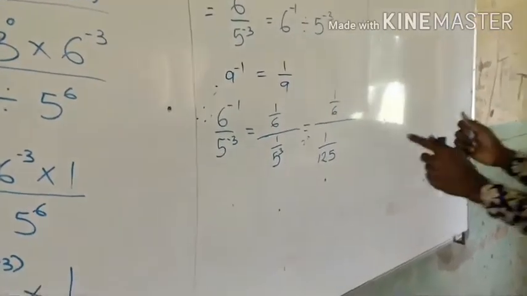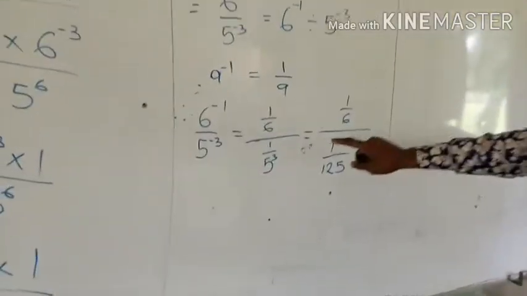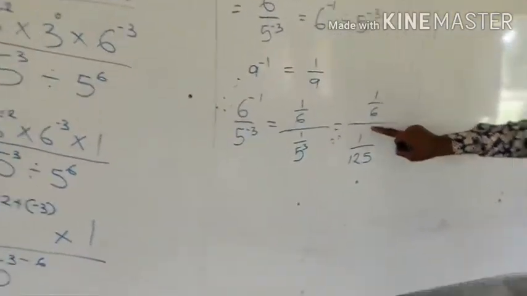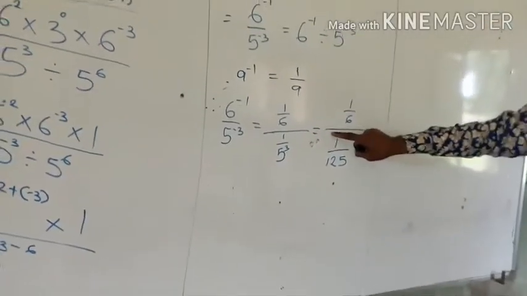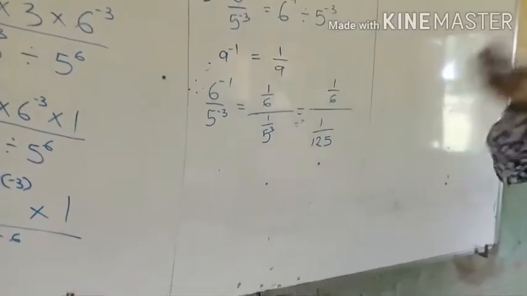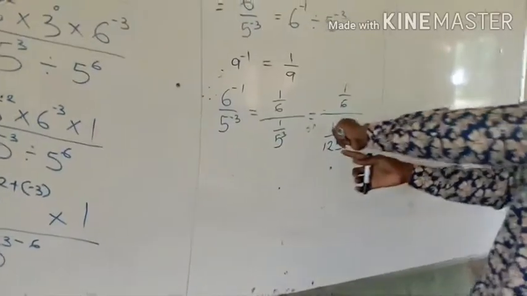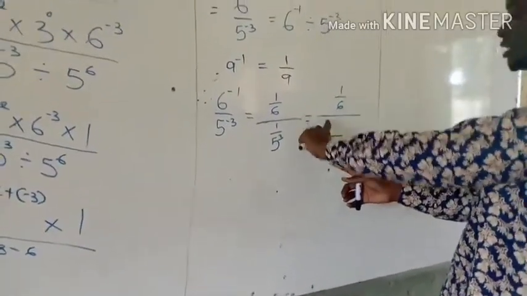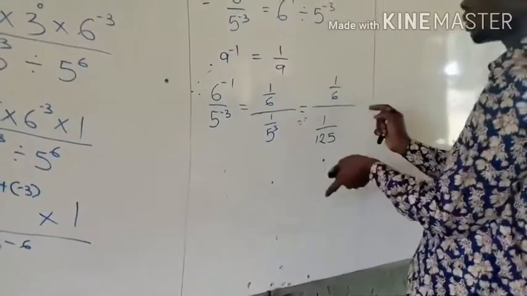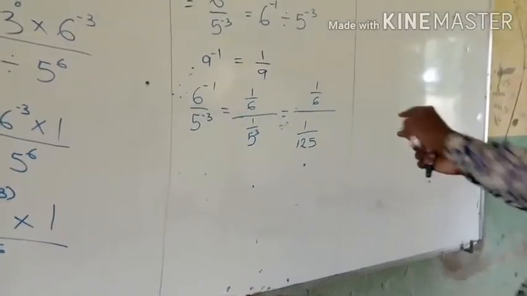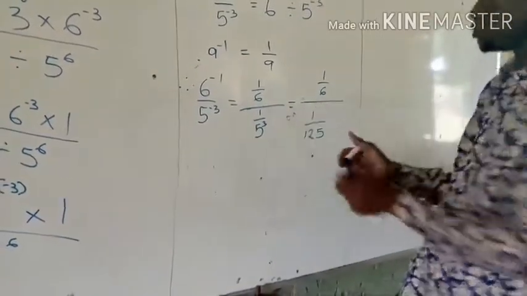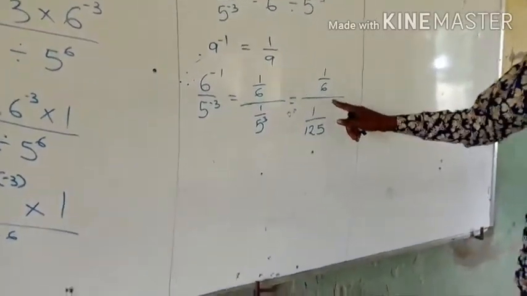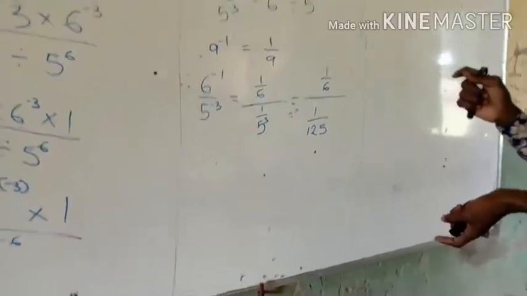So now, from this division here, when we want to invert it to multiplication, we will have to invert the fractional denominator. So when we invert this fractional denominator, this division gets inverted to multiplication. Let me show you what I'm talking about.